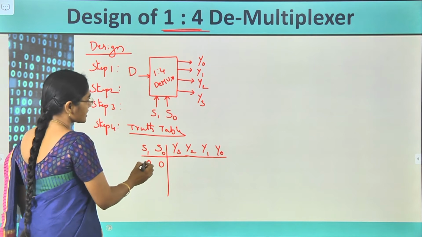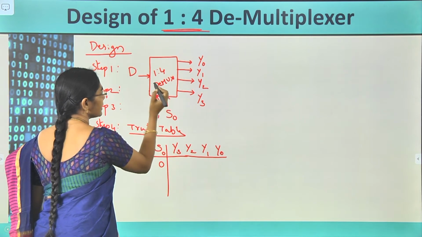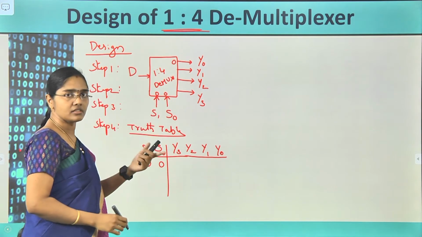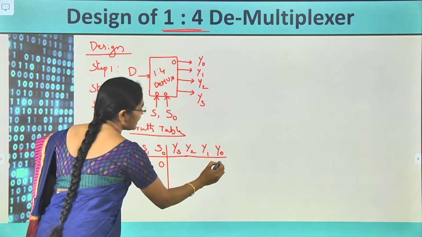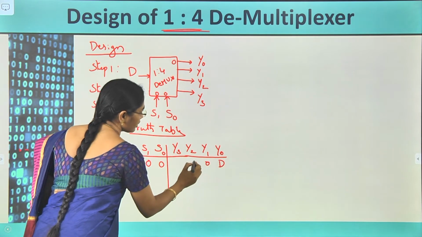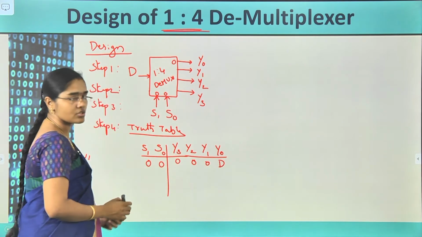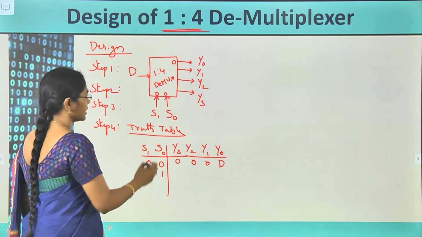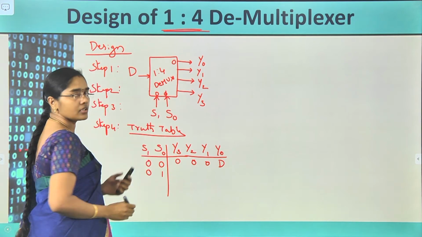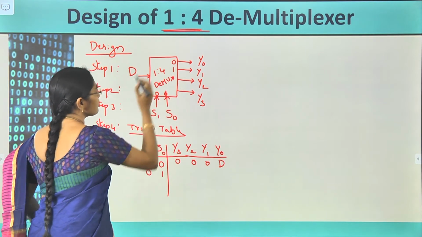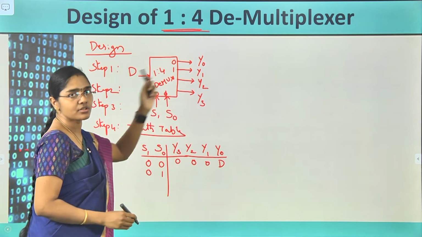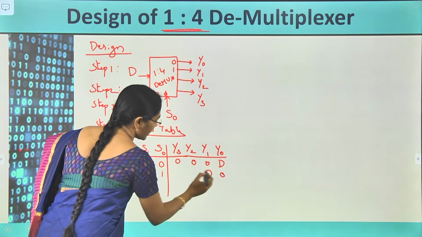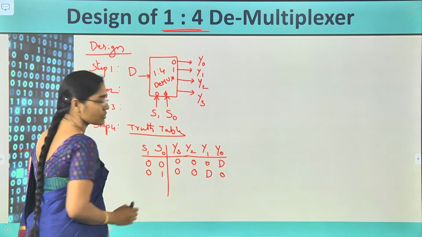When selection signals are 0 0, then D is connected to the output signal Y0, and all other outputs are zeros at that time. Then when selection signals are 0 1, Y1 is connected to D, or D is transferred to Y1, and other outputs are zeros.